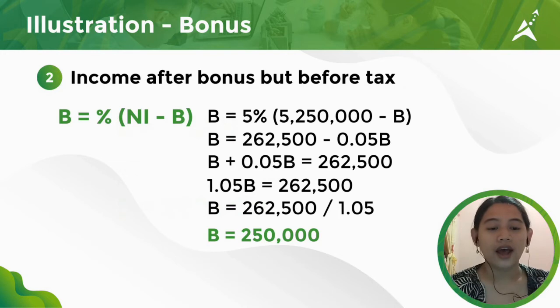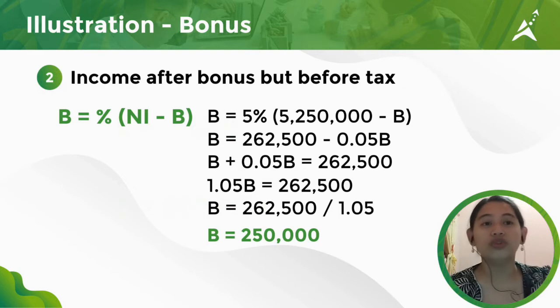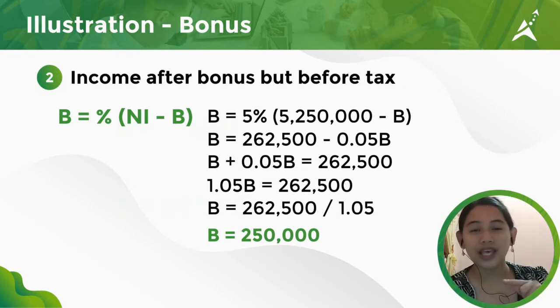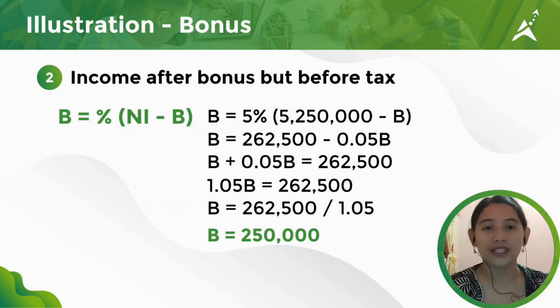Now, why is there a transferring? Because in math, to get the value of B, we transfer its value from this side to the other side. So, when it is negative 0.05 on one side, when moved to the other side, it becomes positive. So, B plus 0.05B equals 262,500 pesos.